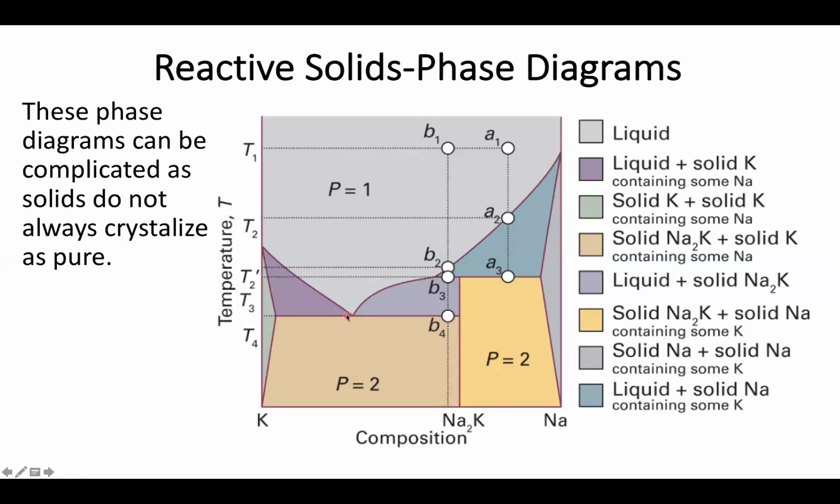So I'm essentially so cold that I can't support the presence of any liquid anymore. At which point I'm now simultaneously generating a contaminated potassium solid and my alloy. And again, you can track a similar behavior if you go down any of these other isopleths. And so there's a lot of very interesting trends here.